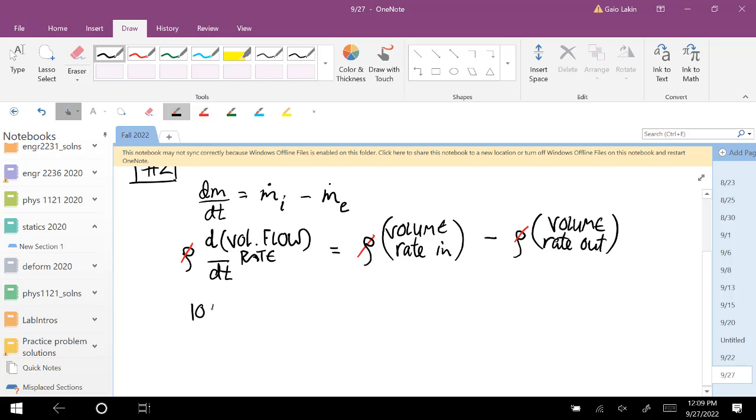So this tank starts with 100,000 gallons, and that's equal to 378.54 cubic meters.